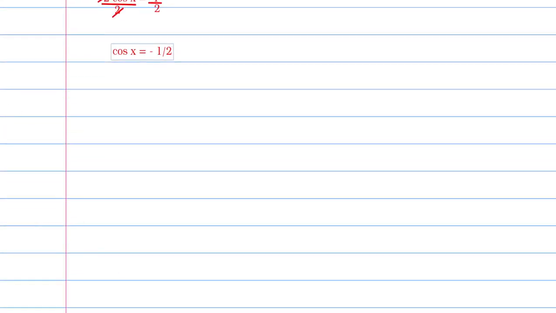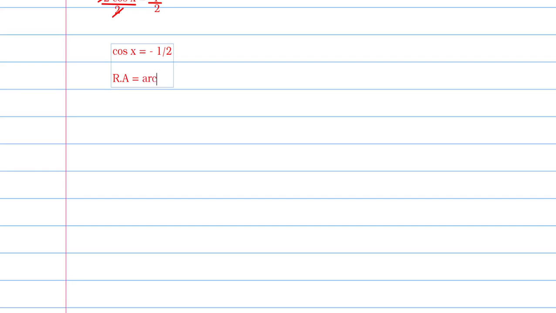Now, let's check cosine of negative 1 over 2. What is the reference angle for this one here? The reference angle is equal to the arc cos, or cosine to the power negative 1, or the inverse cos. It depends on how you call it.